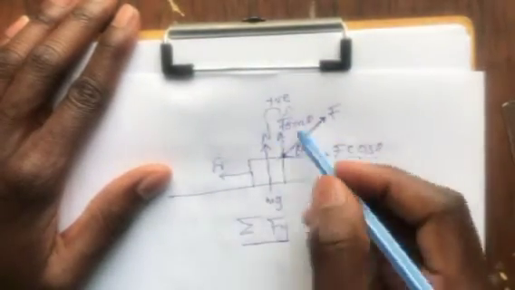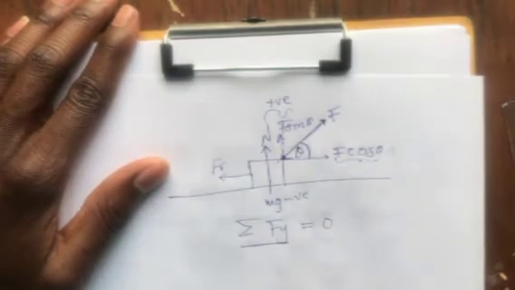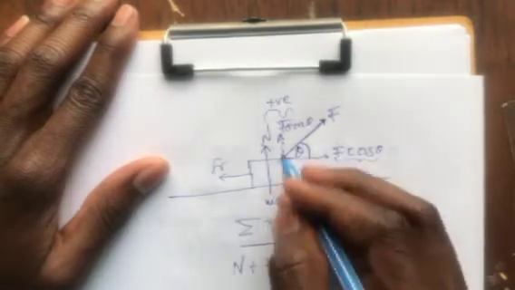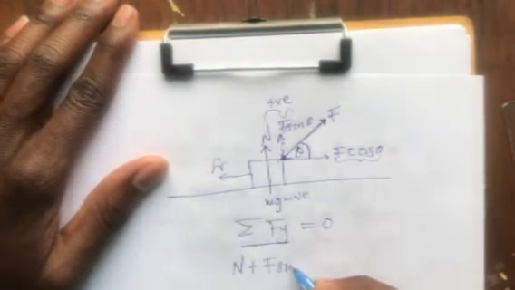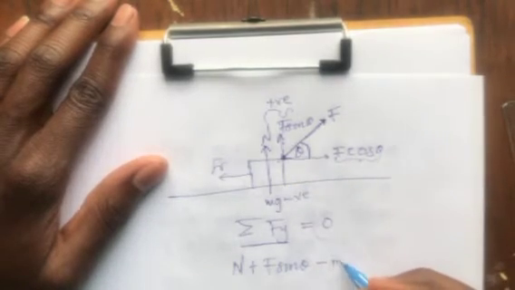This one is going to have a negative sign, meaning that you say normal plus the component which is also pointing upwards, F sine theta, minus the one which is trying to move downwards, mg. It has to give us 0.